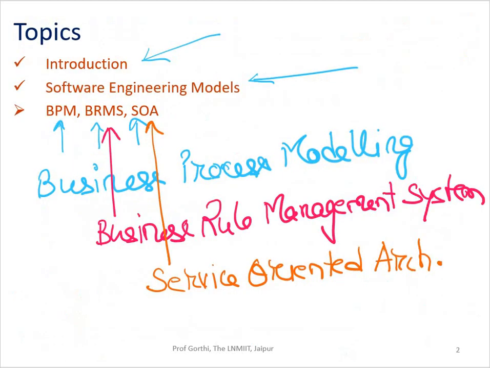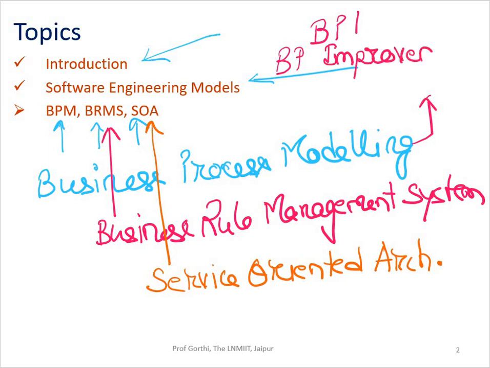So this business process modeling actually leads you to BPI, which is your business process improvement. So all the processes in the business which are involved are improved. This also leads to your business process re-engineering, BPR, where R stands for re-engineering.